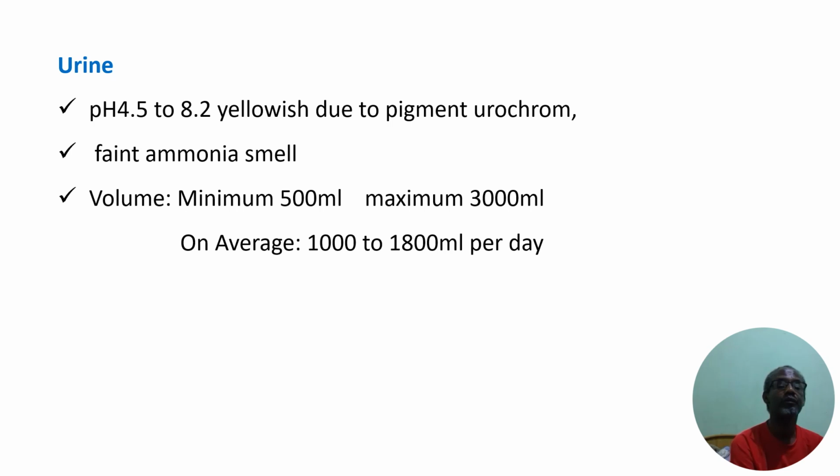If it is below 500 milliliters per day, it is known as oliguria, a lower amount of urine than normally required.